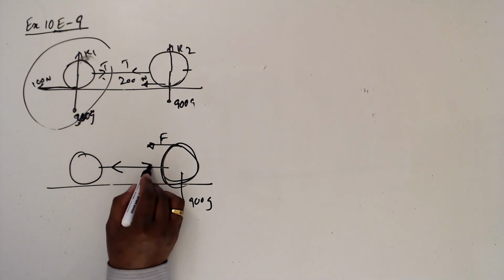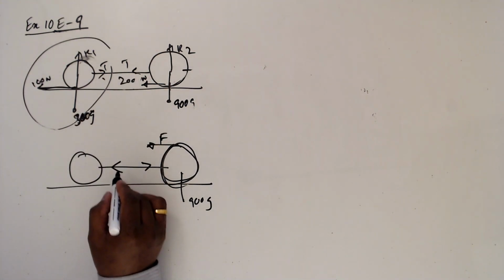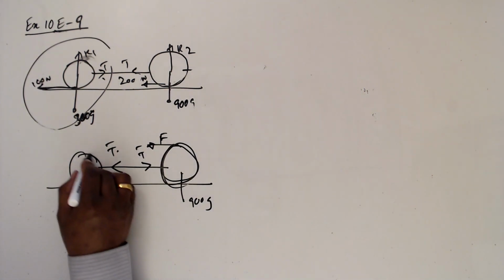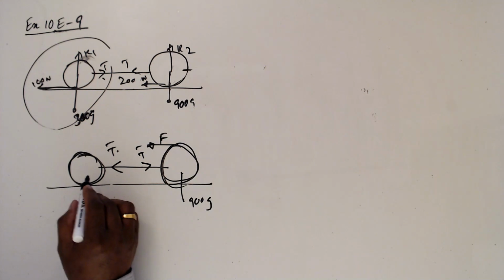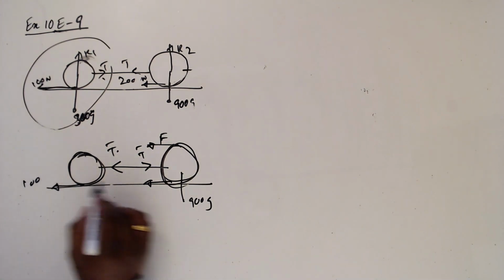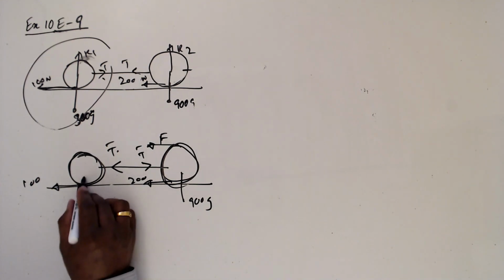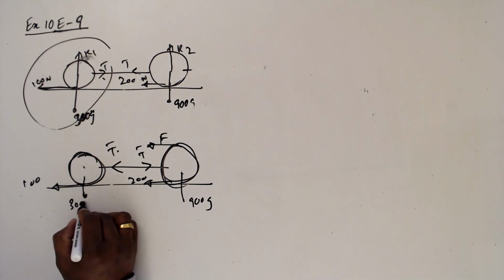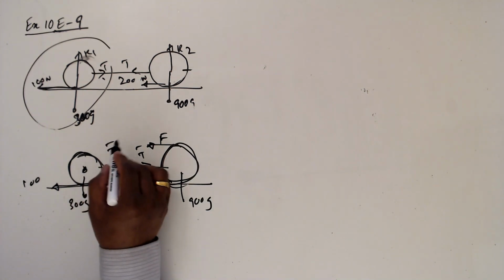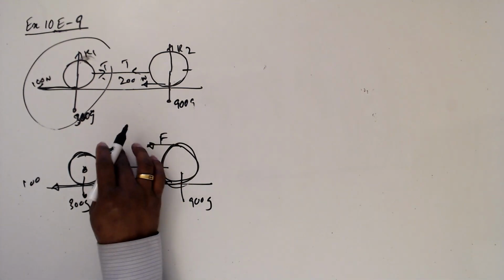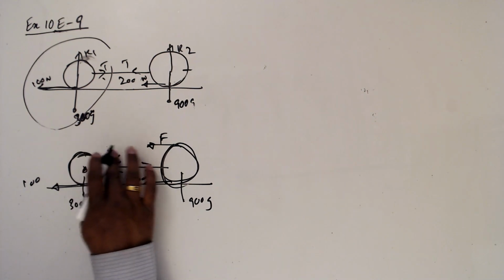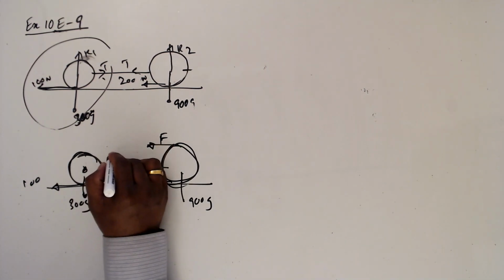As a result, this tension becomes a thrust now. The resistance stays the same: 100, 200, and 300g. We'll put a different symbol for the thrust.